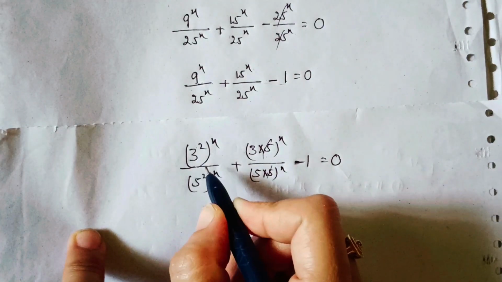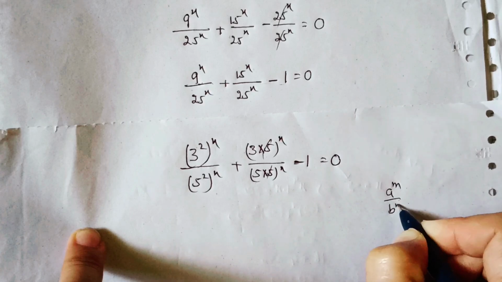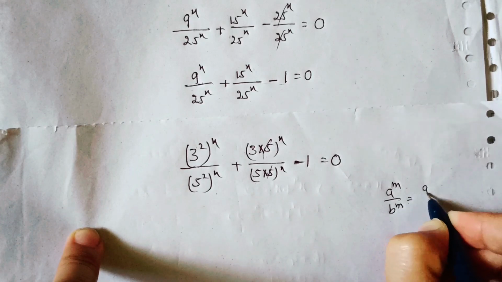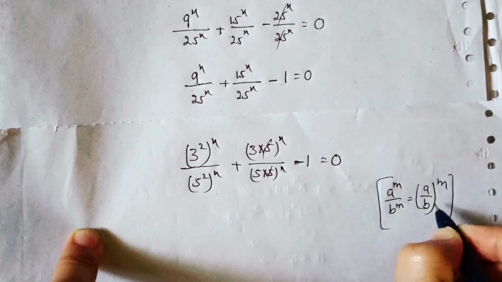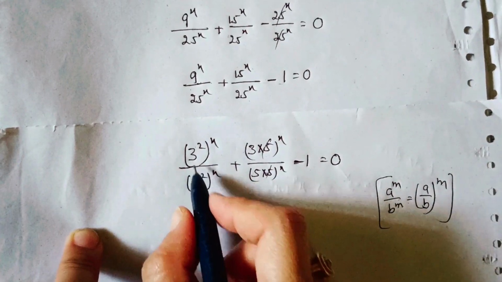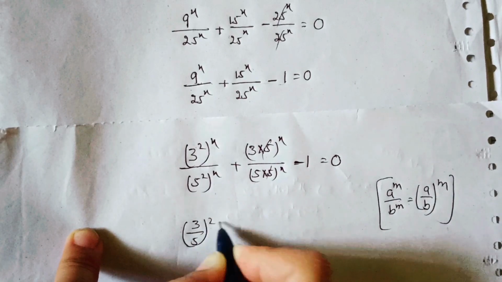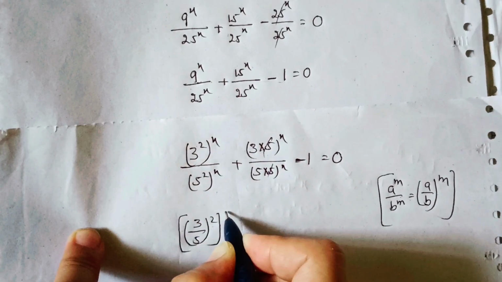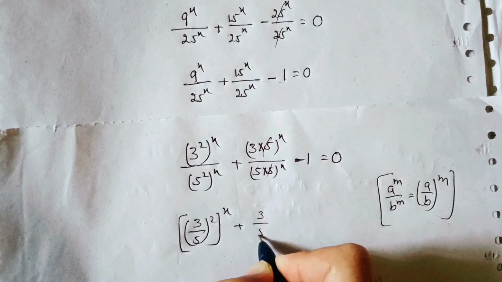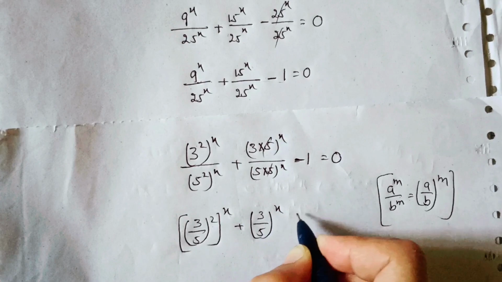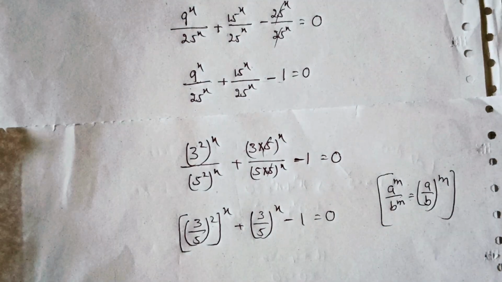If you look at this part, you will get to know one formula. A power m by b power m can be written as a by b whole power m. So according to this, we are going to write this as 3 by 5 whole square to the power x, plus here left is 3 by 5 whole power x minus 1 equal to 0.